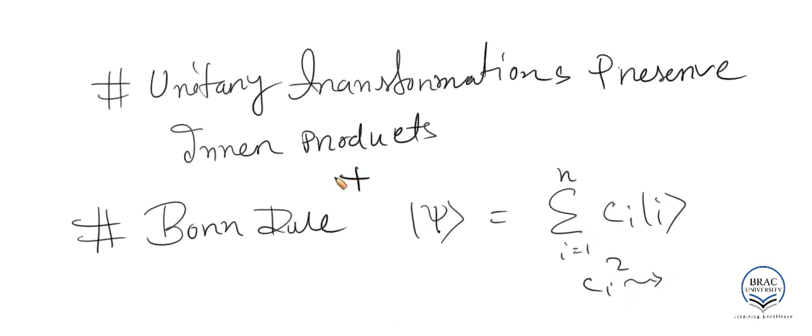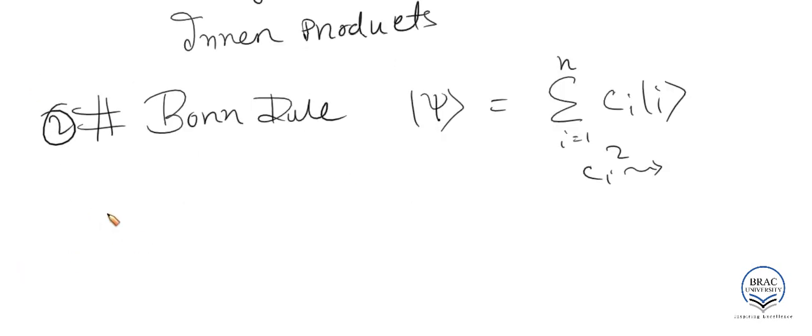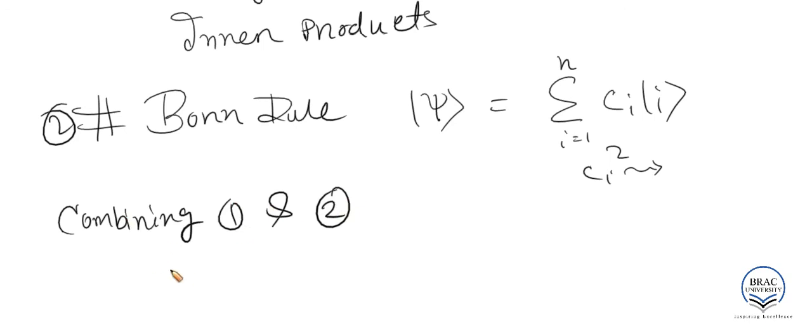If you combine these two, let's call it 1, let's call it 2. Combining 1 and 2 gives you that the sum over i of Ci squared is just 1.